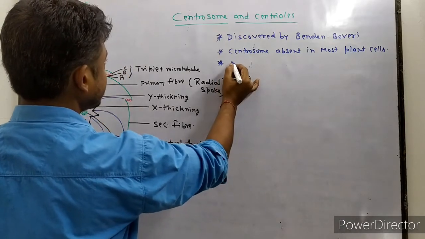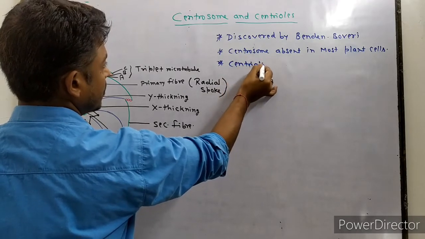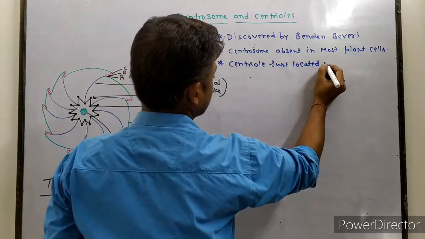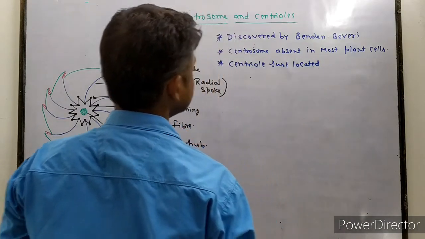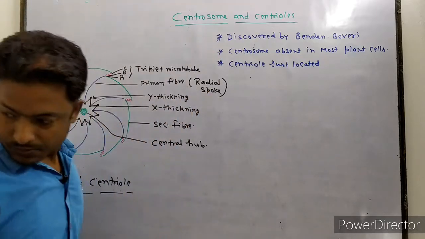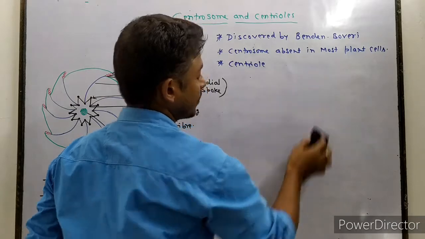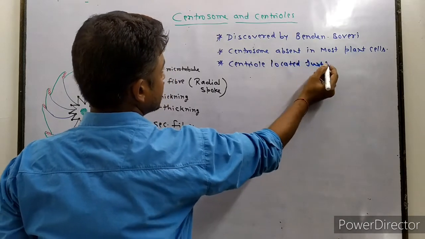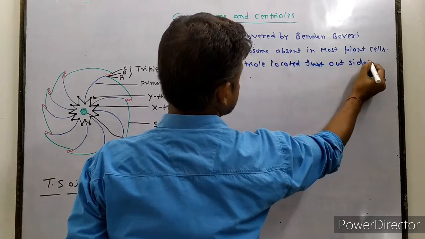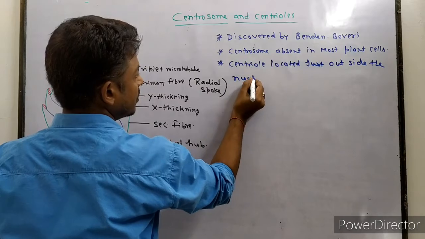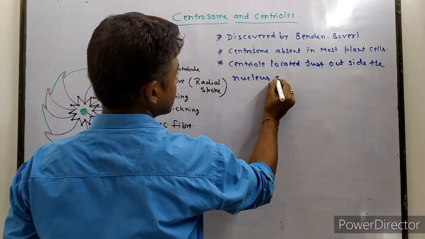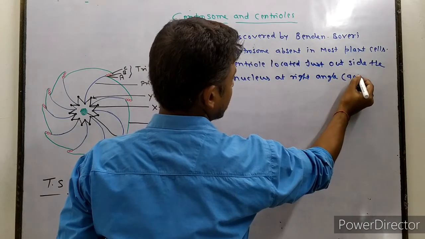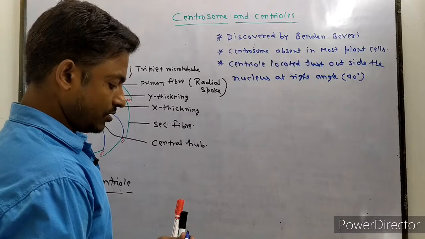Next, centriole is located just outside the nucleus at right angle, 90 degree.